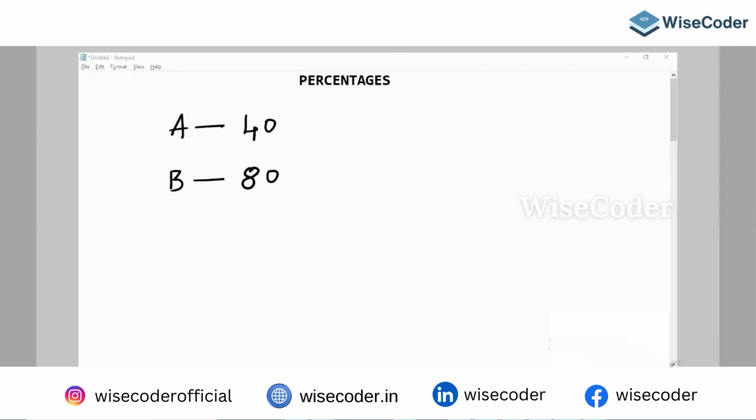Why? I said that in an exam, a candidate got 40 marks, and in another exam, a candidate got 80 marks. Did I mention what total marks they wrote the exam for? No. Let's say, for example, out of 50, he got 40, and out of 160, the other fellow got 80.